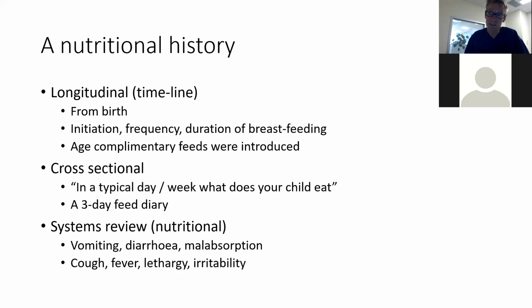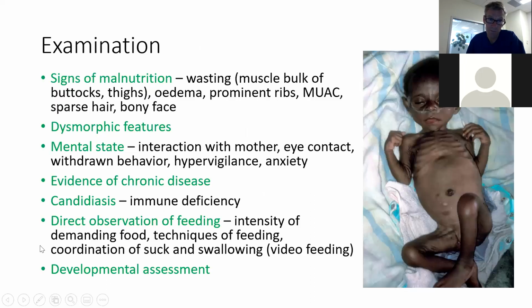And then other things that might indicate a chronic illness that can lead to increased energy utilization or anorexia or reduced absorption from the gut, such as if a child's got cough or fever or lethargy or irritability. You need to take a full systems history to understand whether there are any other system factors that might lead to undernutrition.